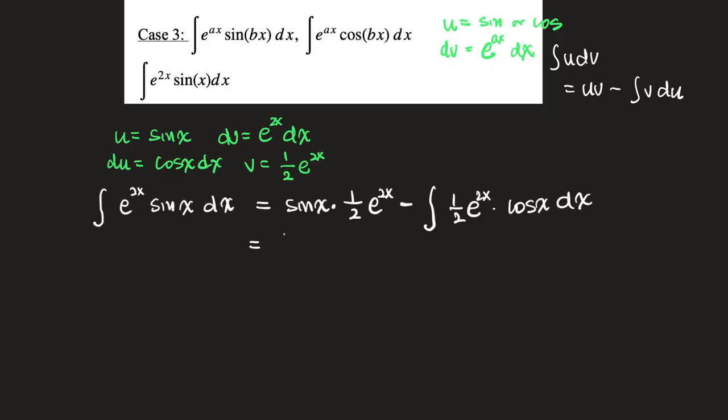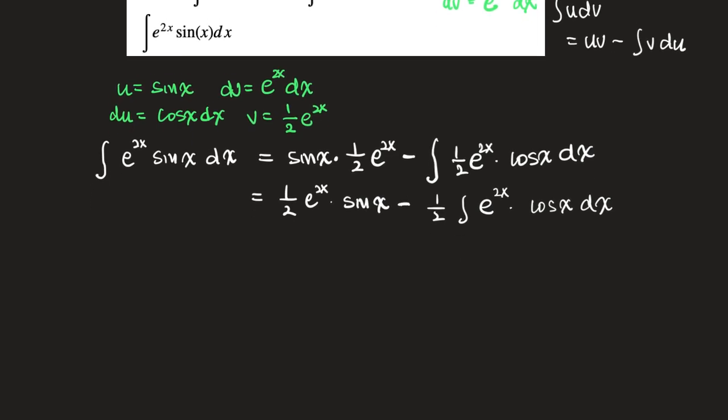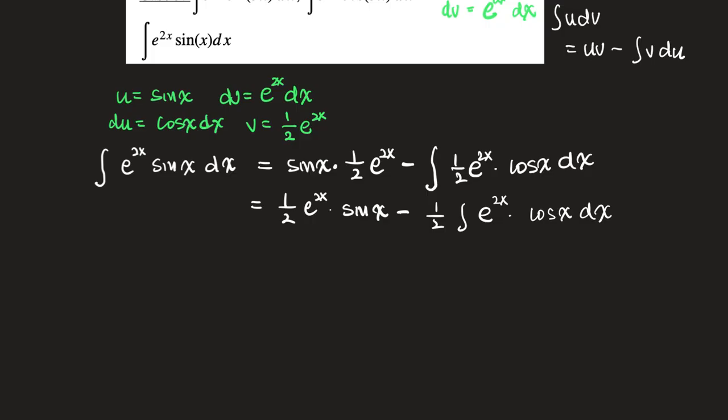Just simplify first: 1/2 e to the 2x sine x minus 1/2 integral e to the 2x cosine x. Oh, we still have a problem, right, guys? For this part, when you see this, you do integration by parts one more time.